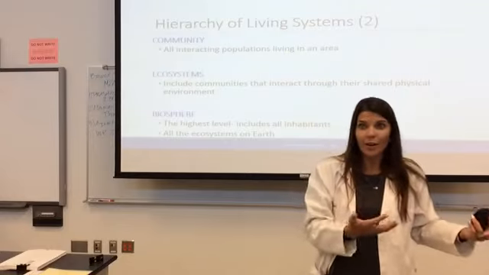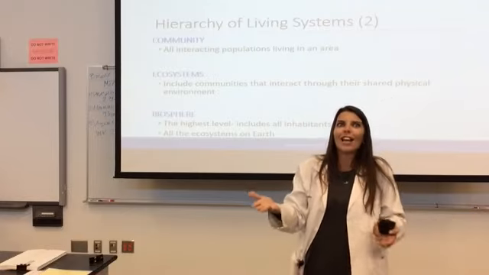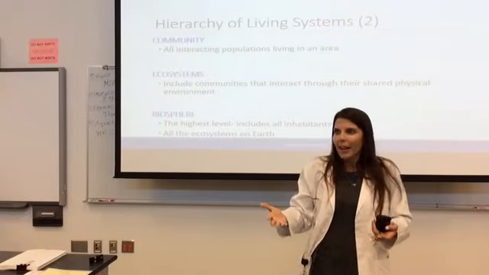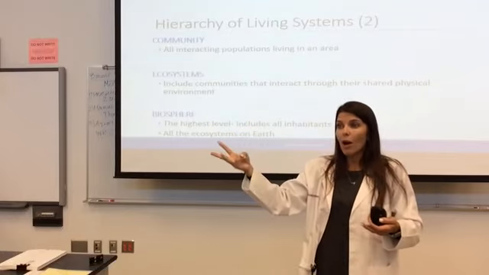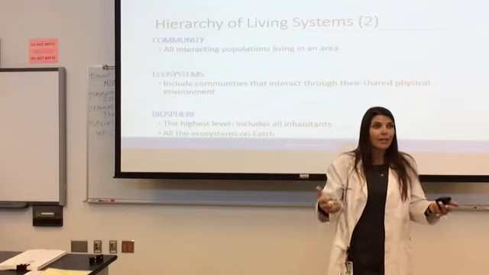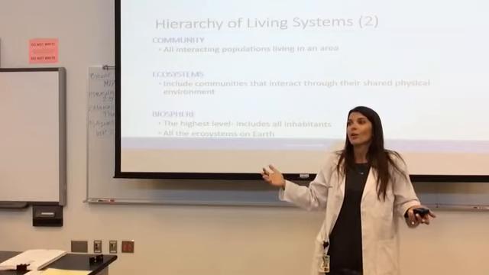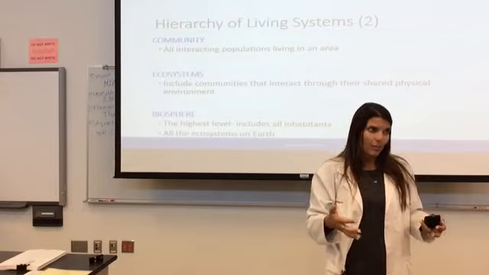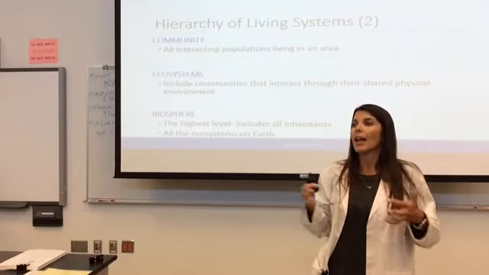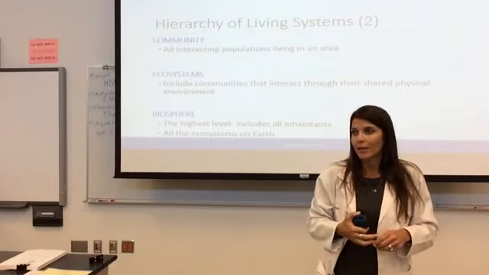Like you said, the weather. Exactly. Your home. Your home was never alive. This table, the chair, air, water, rocks, soil, sand, all of those things that were never alive make your community an ecosystem. An ecosystem has both living and non-living physical aspects.